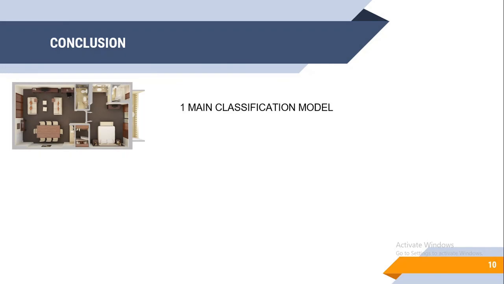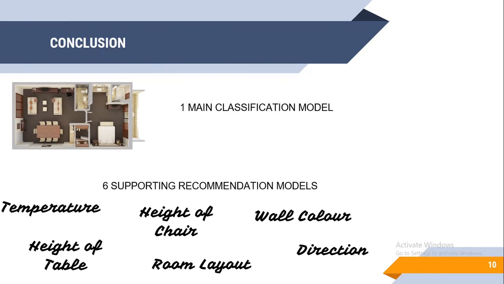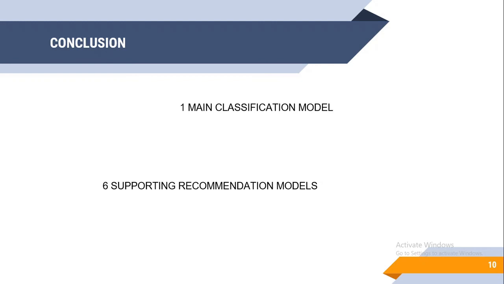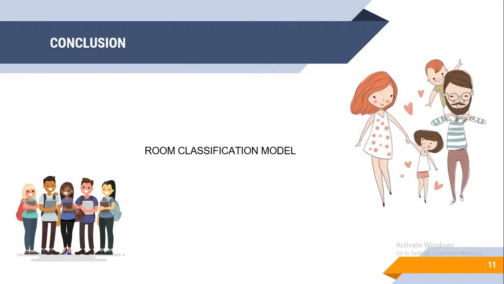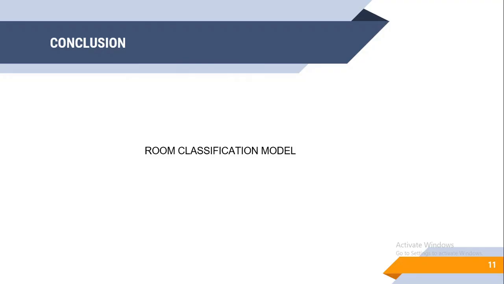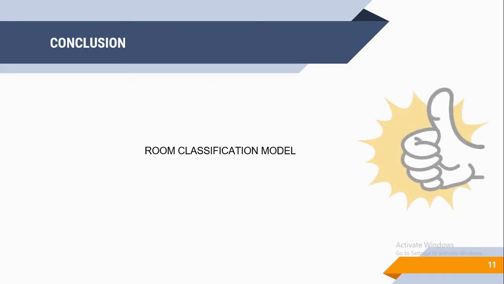In conclusion, Conducive Study Room Recommendation System is a combination of one main classification model and 6 supporting recommendation models with additional functionality built in as a whole system. For the classification model, it allows users, especially ODL students and parents of ODL students, to classify their study room as conducive or unconducive, as the system aims to help improving the learning environment of ODL students onto achieving a conducive learning environment.